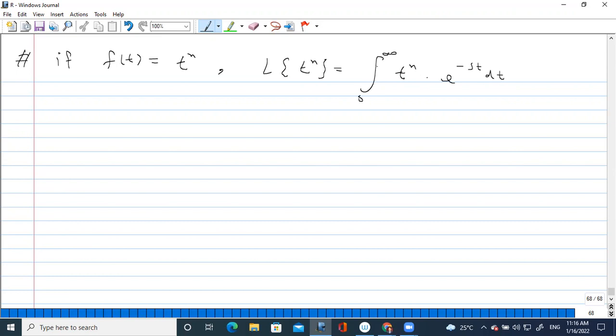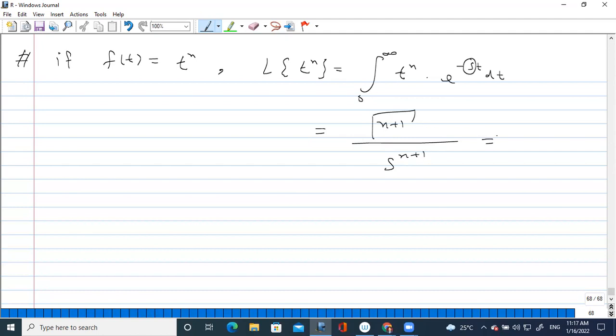So this is directly a gamma function that we have done many times. Direct formula for that is gamma(n plus 1) divided by s to the power n plus 1. So this is the formula for this.